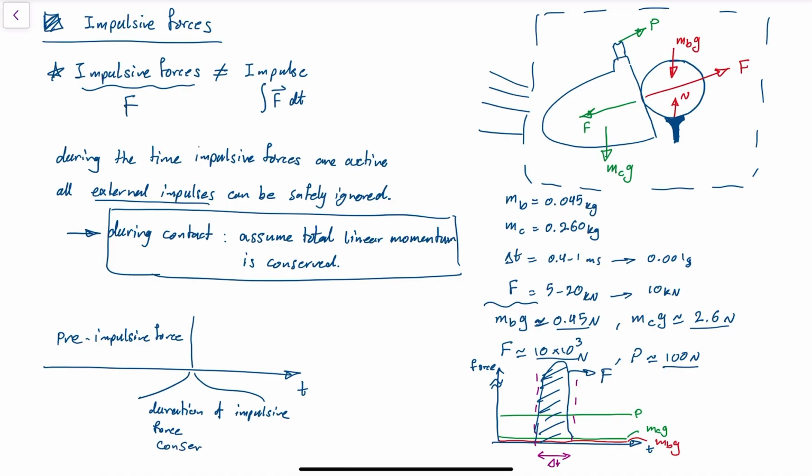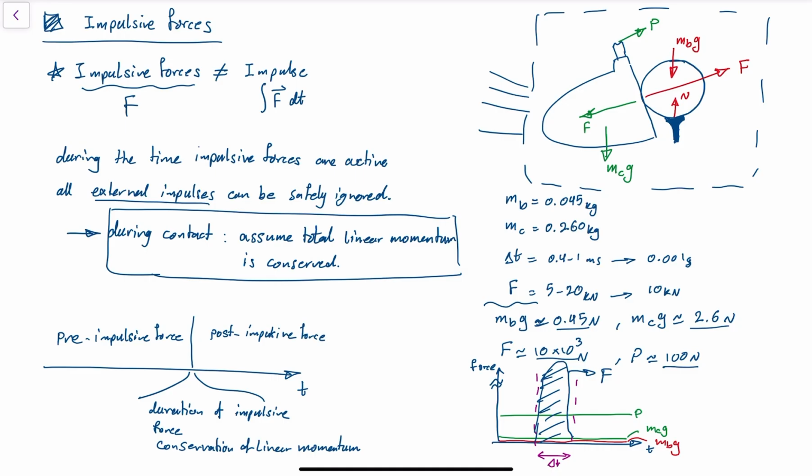Conservation equation of linear momentum. Once you calculate what happens when the impulsive force ends, then you enter another regular regime, post-impulsive force.